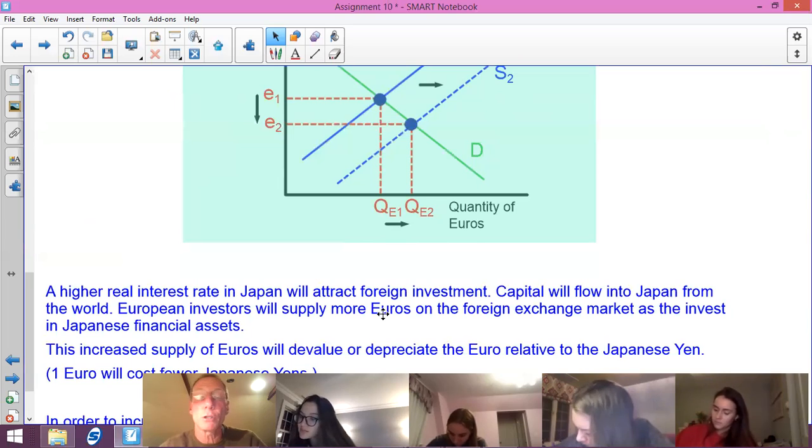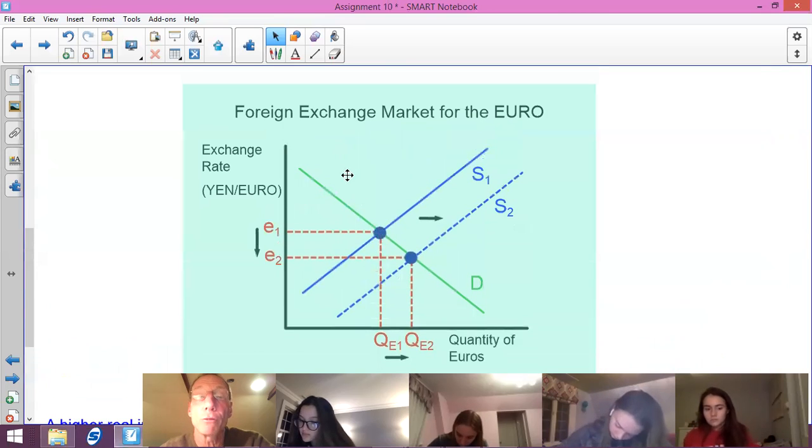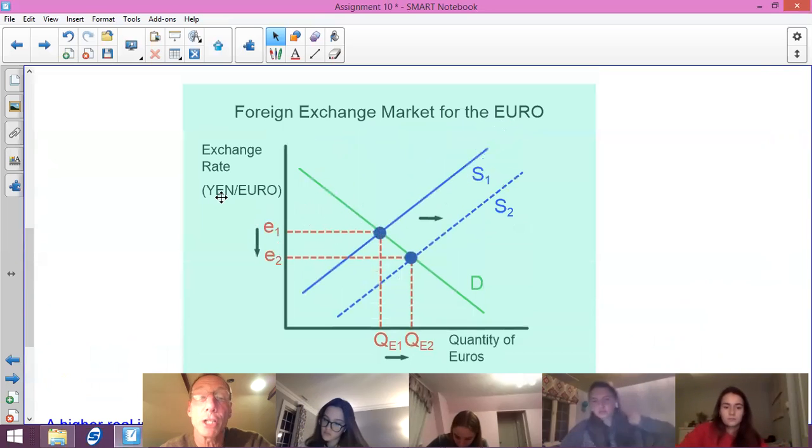And we're talking specifically about the euro. In order for euros to flow into Japan, they first must flow into the foreign exchange market and get exchanged for yen, right?